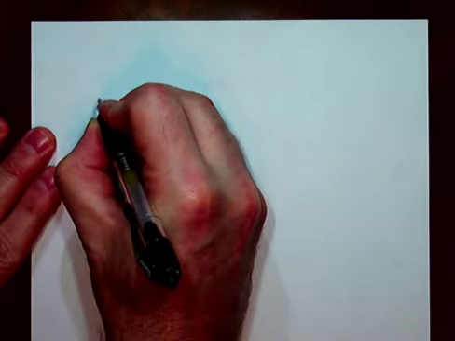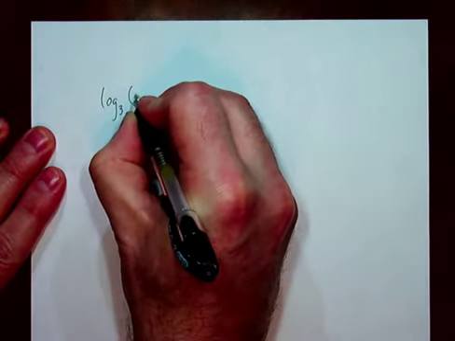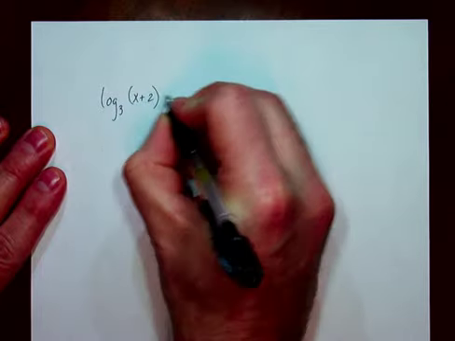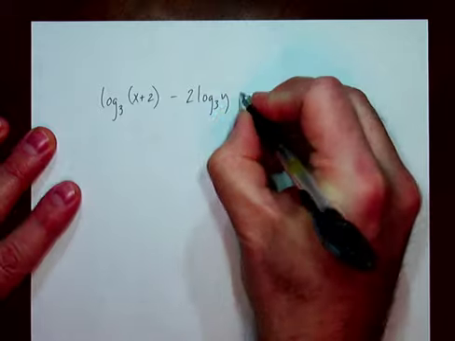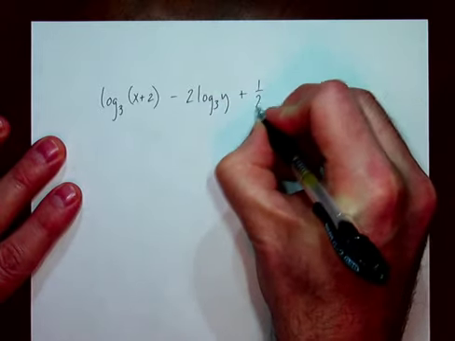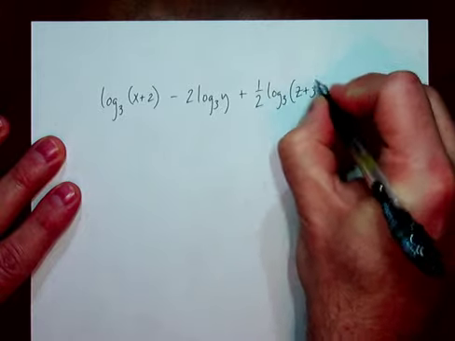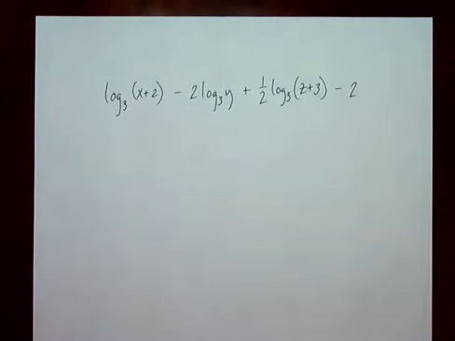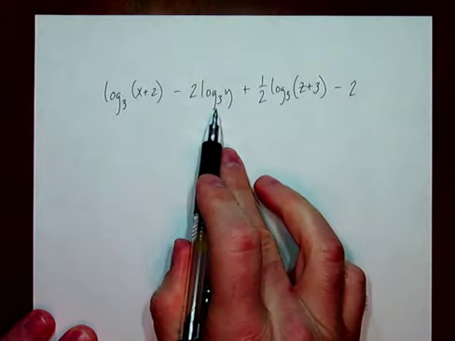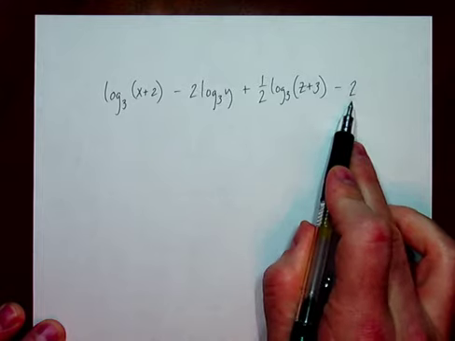Let's say we have log base 3 of x plus 2 minus 2 log base 3 of y plus 1/2 log base 3 of z plus 3 minus 2. Okay, now here's the thing. Log base 3, log base 3, log base 3. The thing that doesn't match is here.